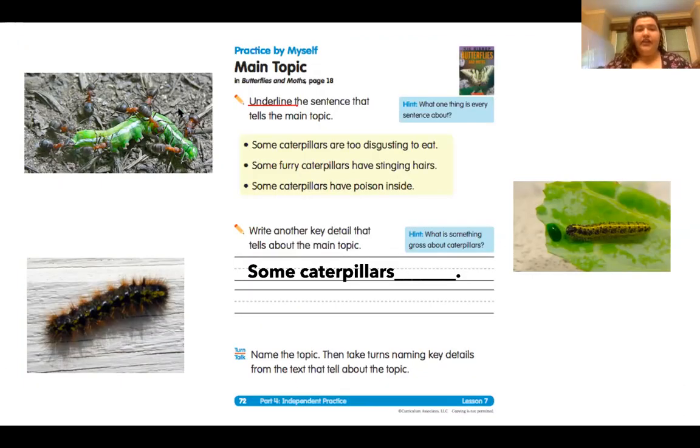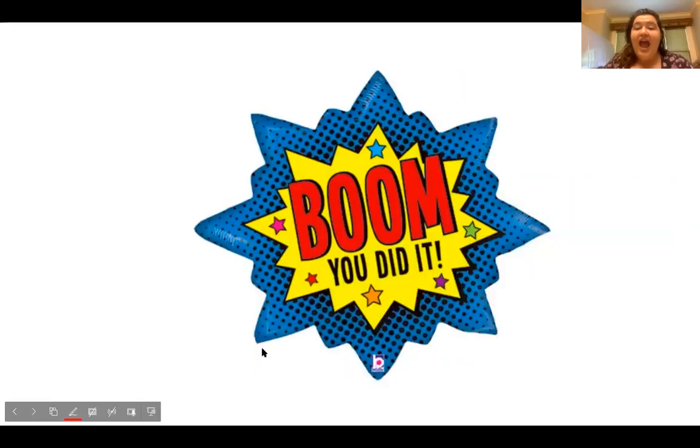And there are the ants, the stinging hairs, the green vomit. So you just have to write some caterpillars blank. What is something that caterpillars do, or something that's gross about caterpillars that helps them so that no one eats them? All right, friends, go ahead and finish that page. That's page 72. And then you're all done with this lesson.